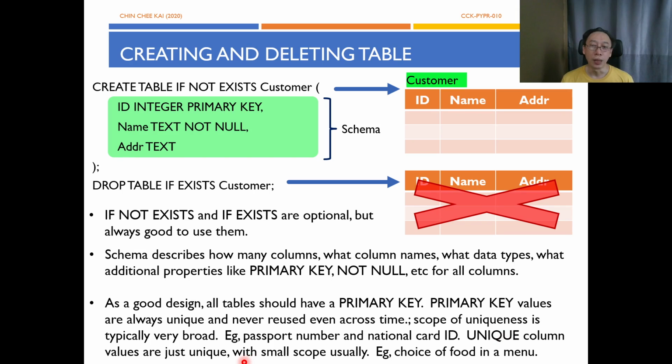So what are unique column values? Unique column values can be the choice of food. Also, what are the burgers being sold in this restaurant? So we create a table of choices. The choices can be beef burger, chicken burger, rice burger, let's say, just 3 types. So they are unique, right? Yeah.